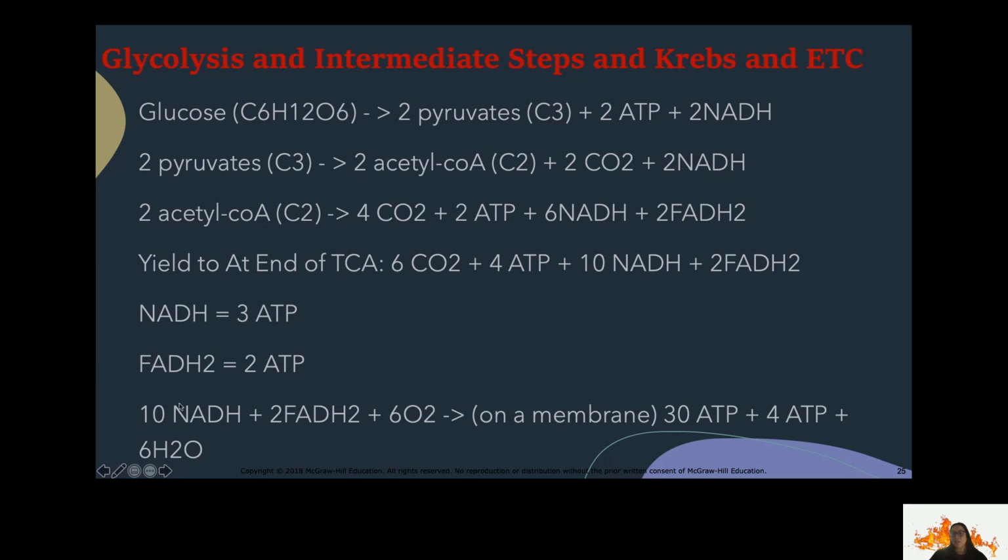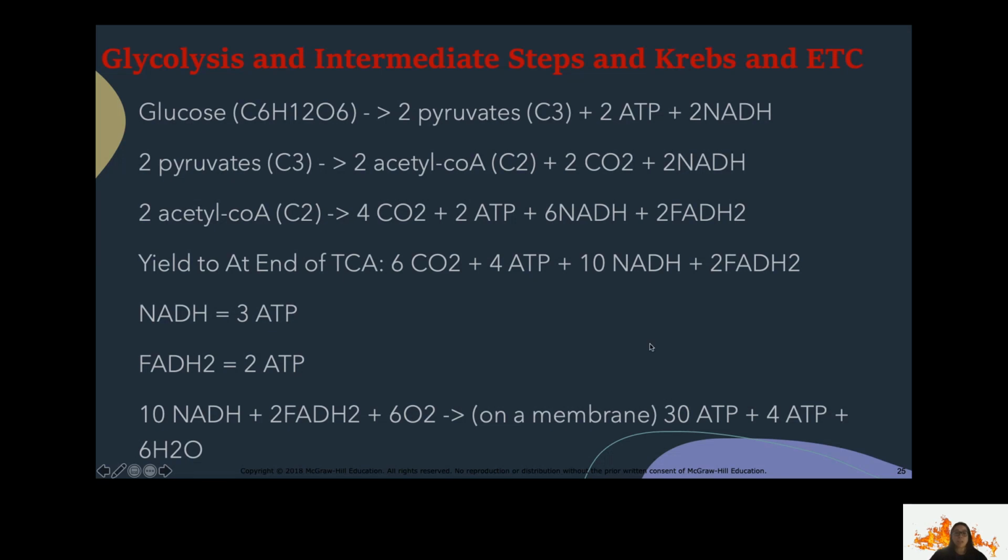And as a consequence, the 10 NADHs produce 30 ATPs. The 2 FADH2s make 4 ATPs, and then the 6 oxygens combine with all those extra hydrogens and make 6 waters.